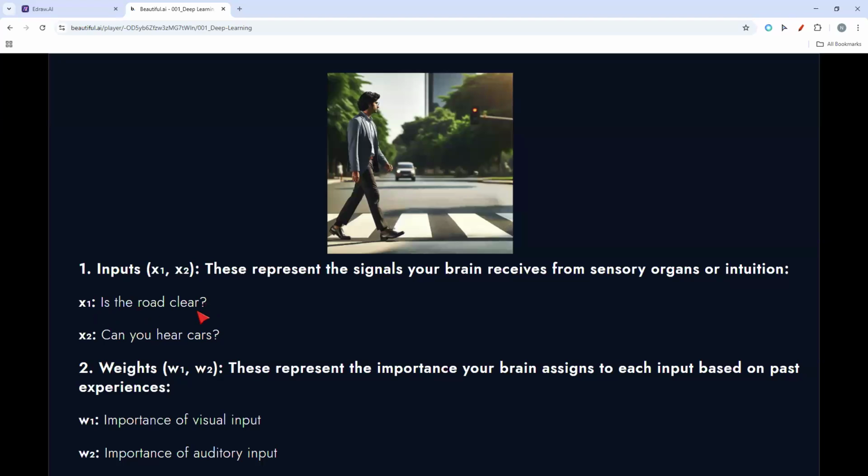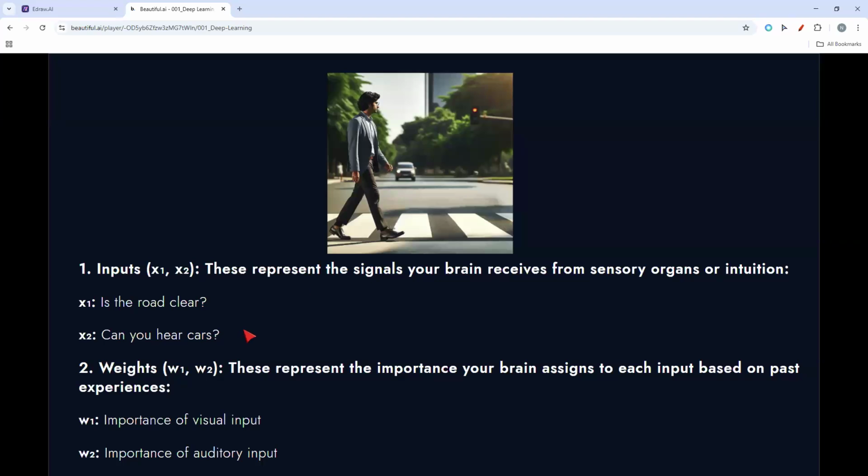And whether you are able to hear any cars, some engine sound or noise or car honking. You check these two things firstly. Based on the decision you take upon these inputs, you will either decide to cross the road or not. Am I right or wrong?